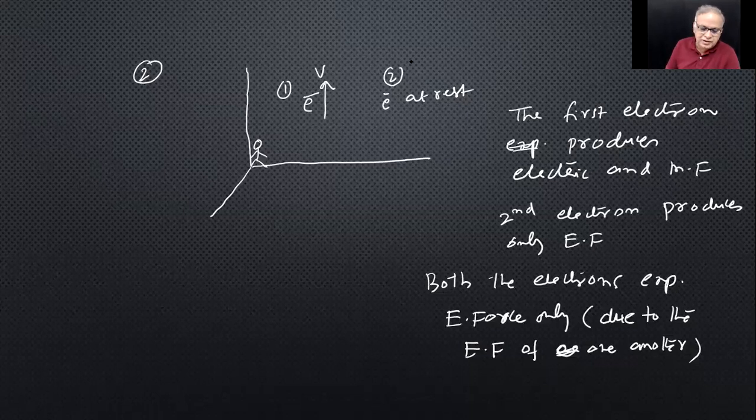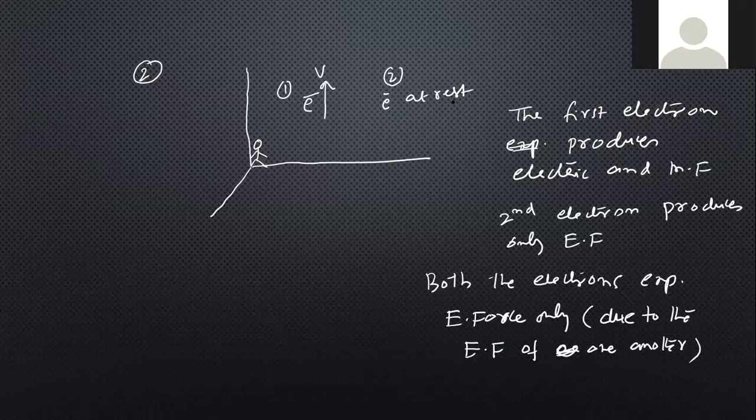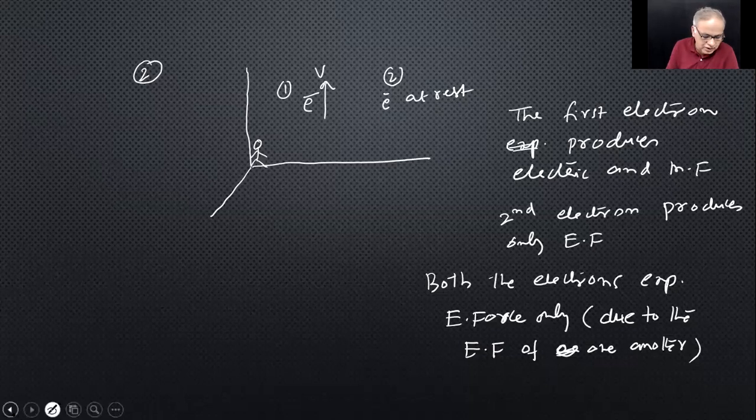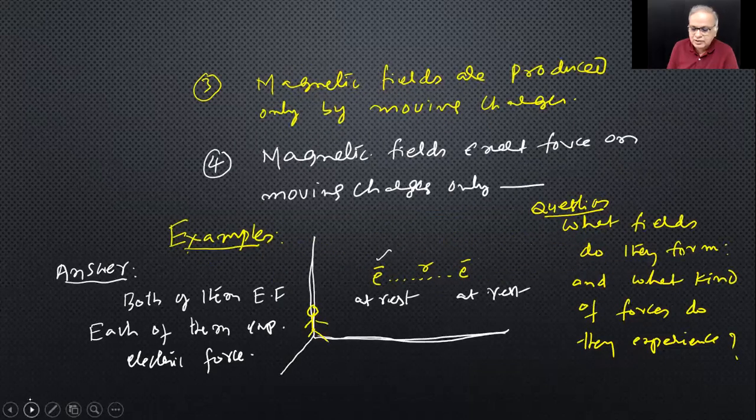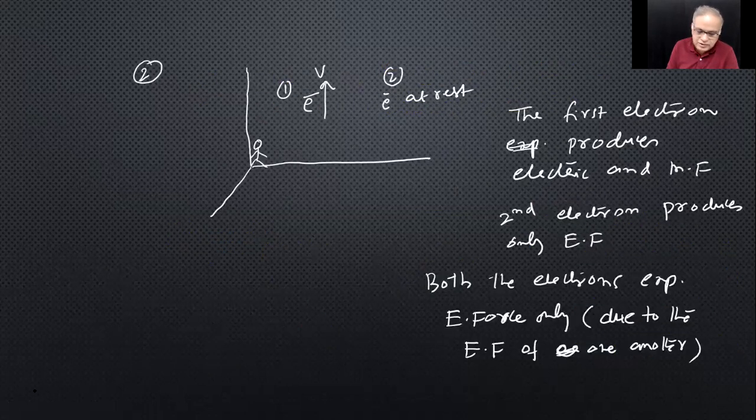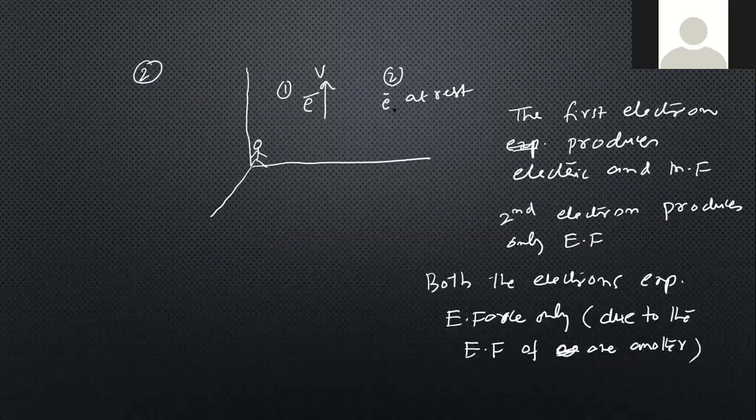Now look at the third one. Can I go to the next page? Sir, the second electron will have magnetic force also. No, the second electron has no magnetic force, because it has no velocity. Look at this statement: magnetic fields exert force on moving charges only. So there is a magnetic field around it, but it cannot exert force on an electron at rest.